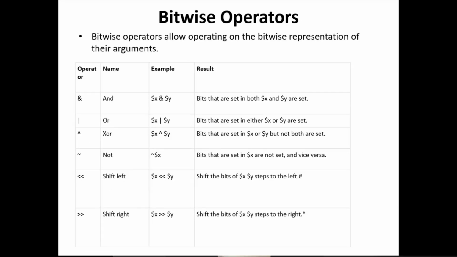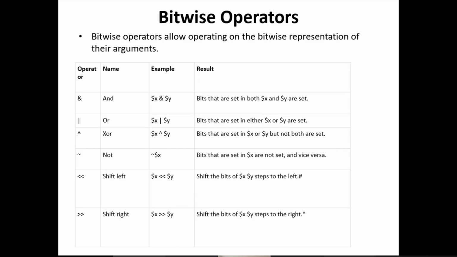Then next is bitwise operators. Bitwise operators allow operating on the bitwise representation of their arguments. PHP supports the bitwise operators AND, OR, XOR, NOT, shift left and shift right.